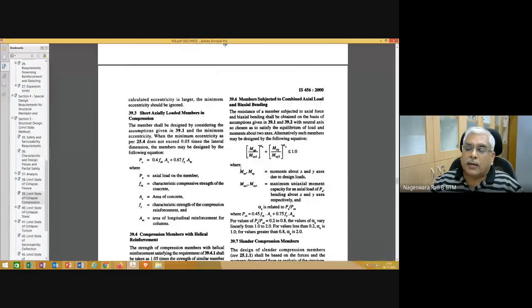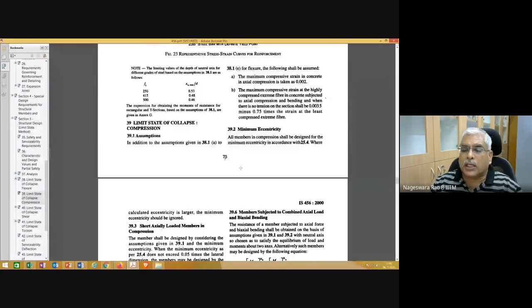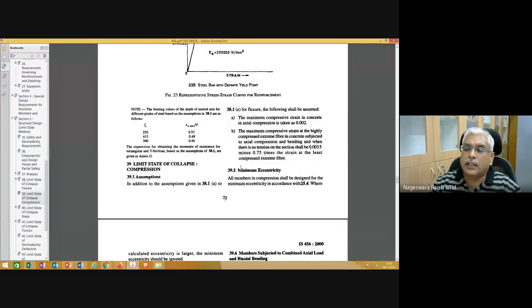What are the equations, what are the assumptions that are made in the design or the theory, how these equations for design purpose are developed, they are given here. Okay, we'll go through that.